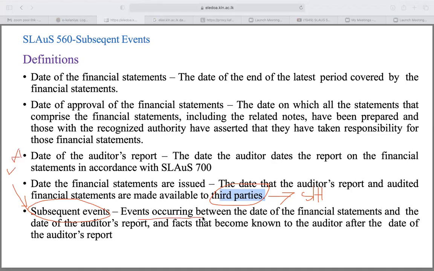Events occurring between the date of the financial statement and the date of the auditor's report, and facts that become known to the auditor after the date of the auditor's report, right? So we have the timeline here.